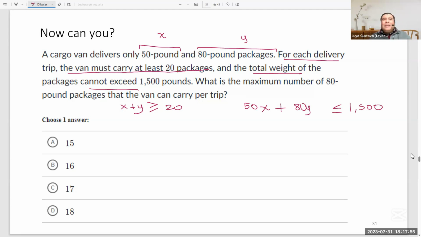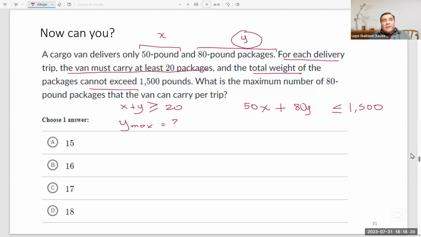What is the maximum number of 80-pound packages that the van can carry per trip? How do we find the maximum value of Y? This is what they're asking. Well, you may reason this in a number of complicated ways. Let me give you a little trick. Take a look.